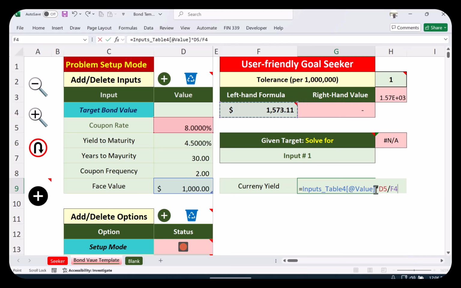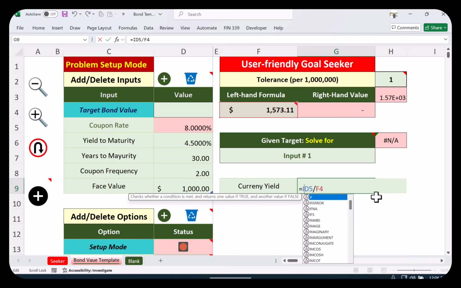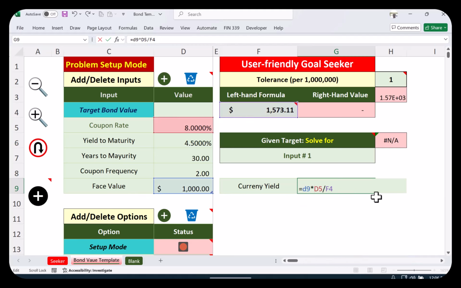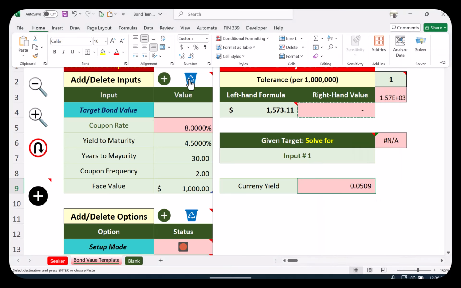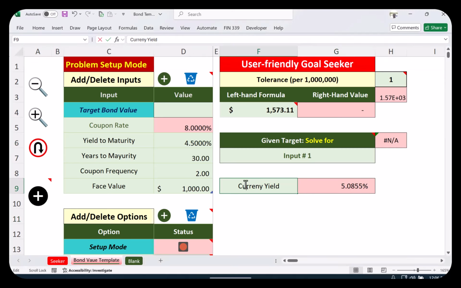I'm going to refer to this as D9. Sometimes when you refer to things that are in a table, it uses weird stuff. Okay? And I'm going to copy, paste formats, not currently, but current.